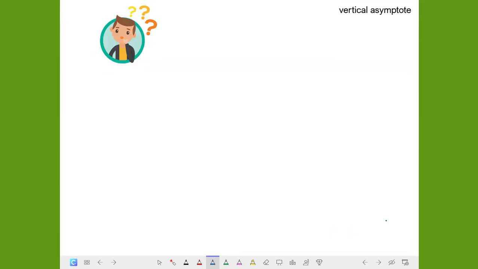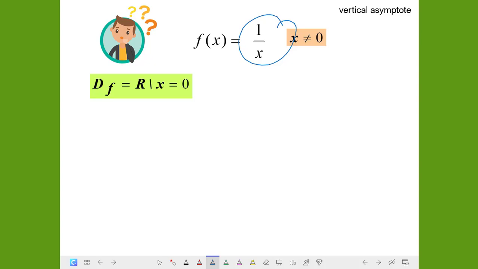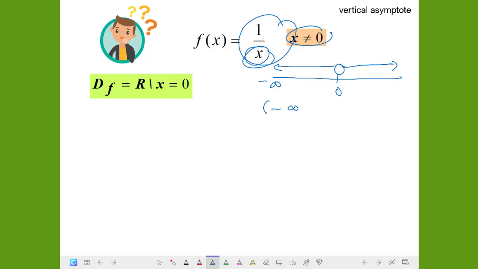For a vertical asymptote, let's say f(x) is equal to 1 over x, and x is not equal to 0. Here the domain is all real numbers except 0, so from negative infinity to 0, union 0 to infinity.